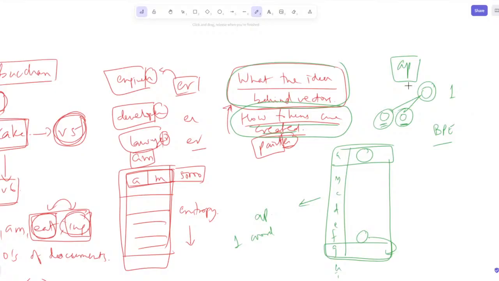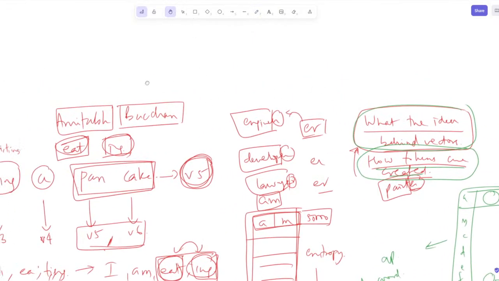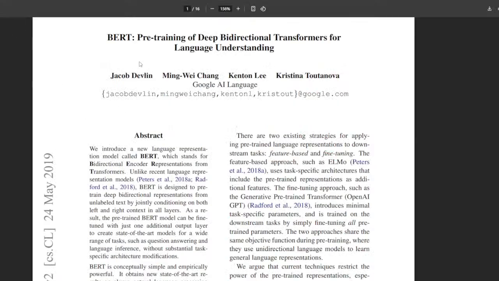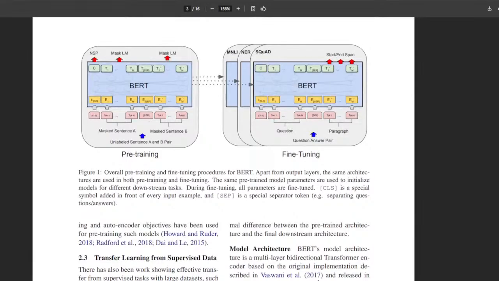Okay, let's move to the final bit, which is how tokens are converted into vectors, or how vectors in general are generated. So here I'm going to refer to BERT, which is bidirectional transformers for language understanding. We are going to focus on the transformer side of things.